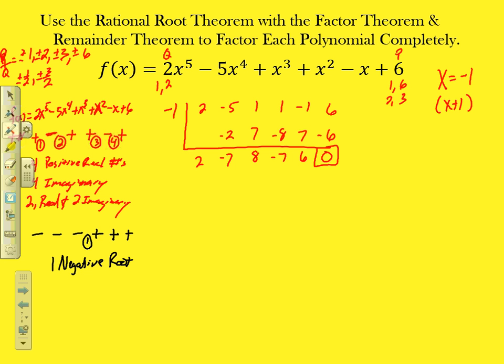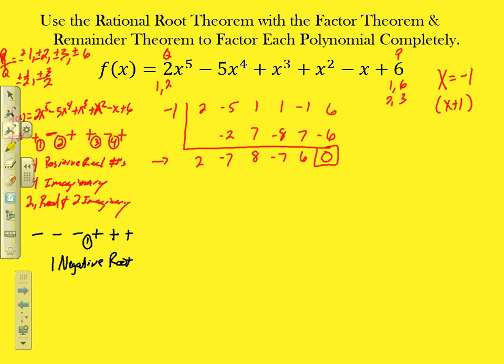Now, the simplified function would be 2x to the fourth minus 7x cubed plus 8x squared minus 7x plus 6. So we'd still have a simplified function, but it's still a fourth degree polynomial. Okay, so that fourth degree polynomial can continue to be divided.